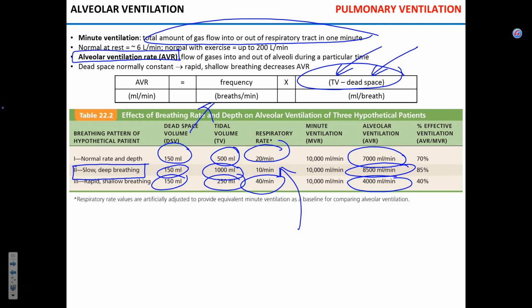Practical application. I'm going to be talking about my favorite pastime, running. So when you jog, I'm not talking about sprinting, just jogging, your respiratory rate often increases, but you cannot take deep breaths because it's much faster. It's kind of counterintuitive, but if you control your breathing, it will be much easier to jog if you take slow, deep breaths while you're running.